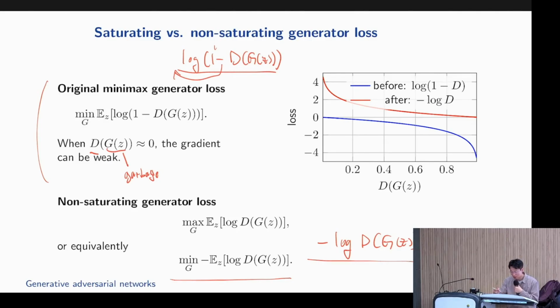Before, if you look at the blue curve, when the discriminator is too good and the output is 0, this is fake, the gradient is going to be very flat. So it's going to be difficult to change the parameters for the generator. I want to draw a clean tangent.